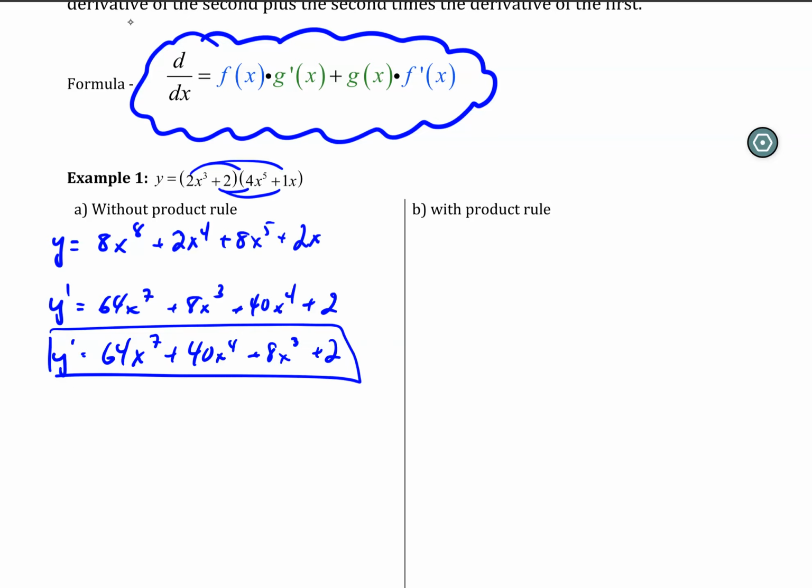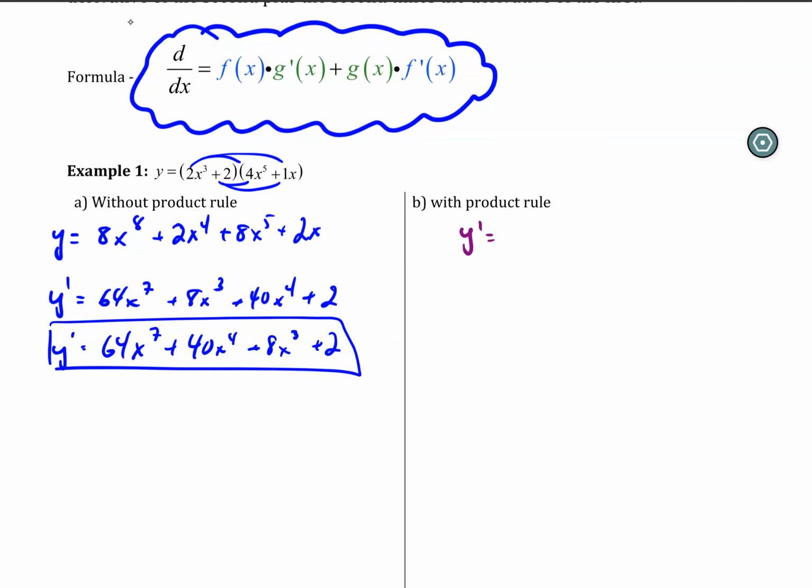So the other option is to use this actual rule. We find the derivative by saying the first term, which I'll put in red, and this one in green. So first term, 2x to the 3rd plus 2, times the derivative of the second.